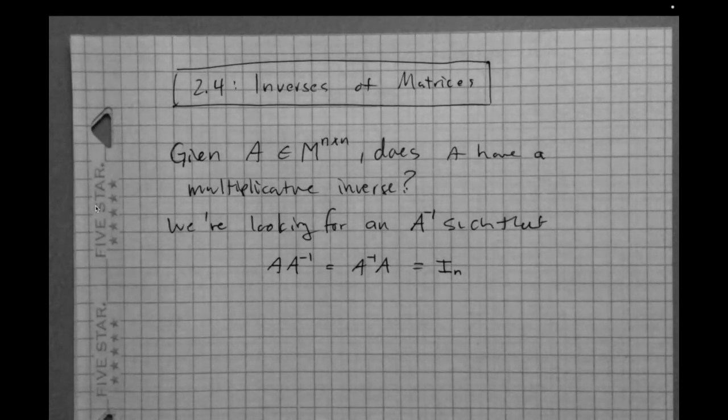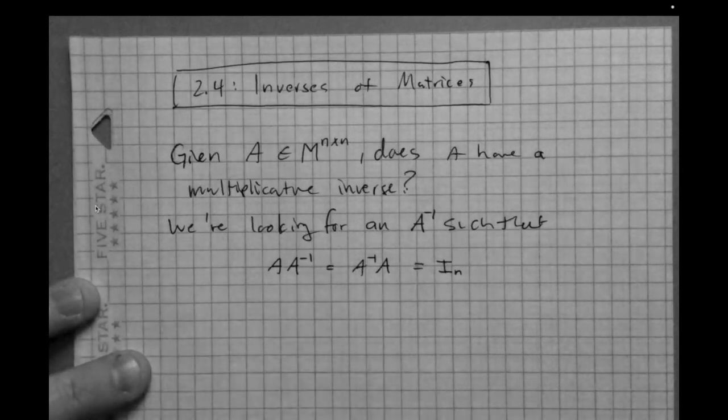You may or may not have had an abstract algebra course. You may or may not know what a multiplicative inverse is. The basic idea behind a multiplicative inverse is it's some number that, when multiplied by, equals 1.